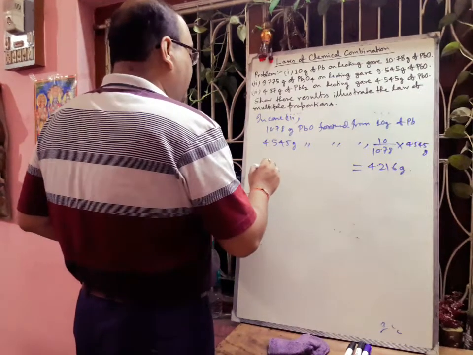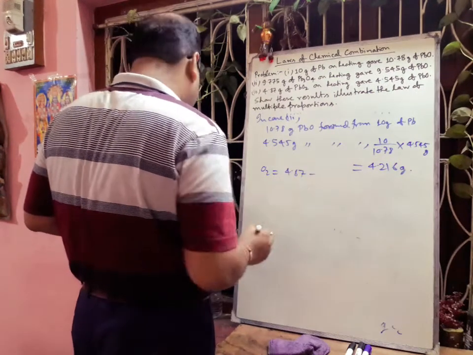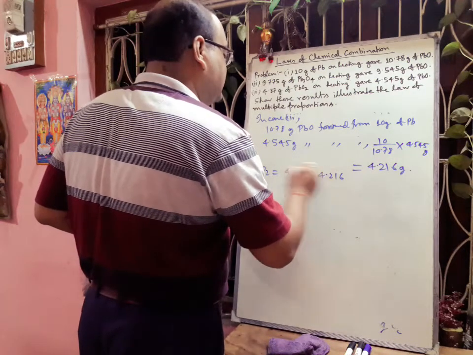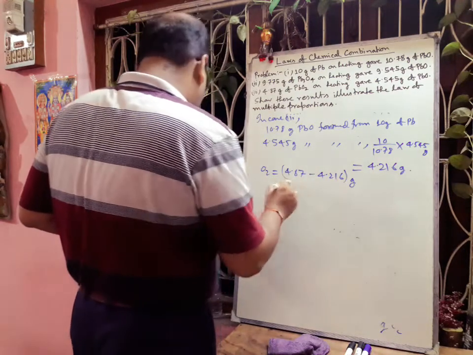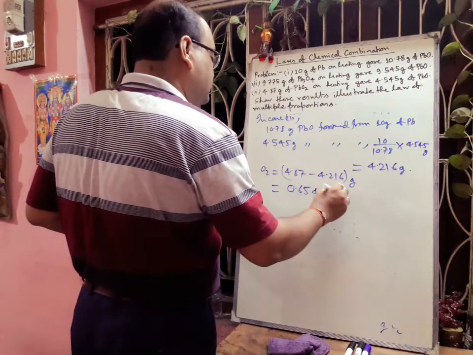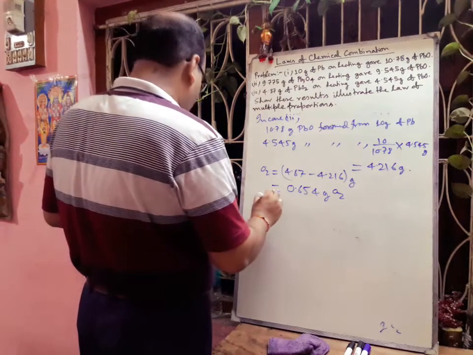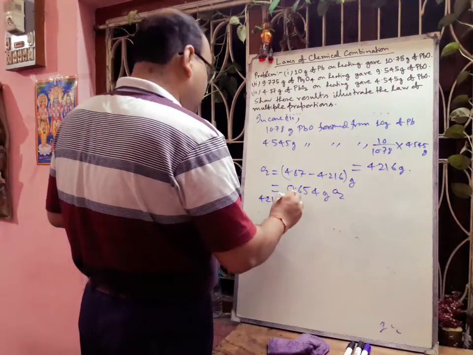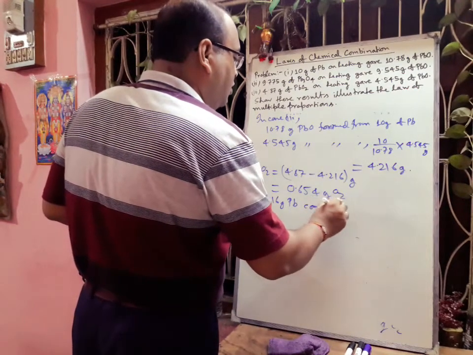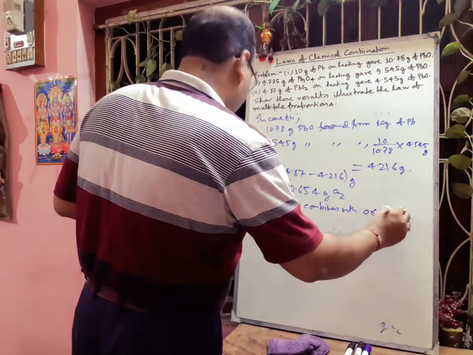The amount of oxygen will be 4.87 minus the amount of lead, 4.216 gram. It will be equal to 0.654 gram oxygen. So now we can write that 4.216 gram lead combines with 0.654 gram of oxygen.